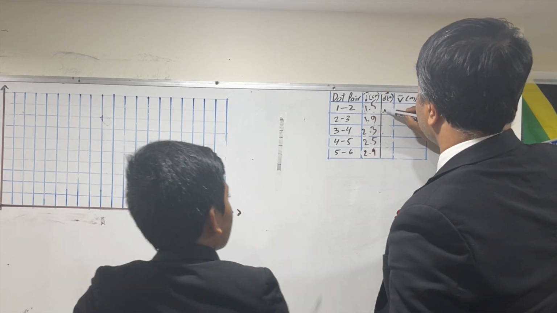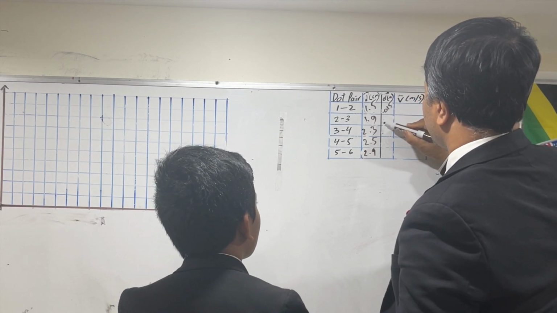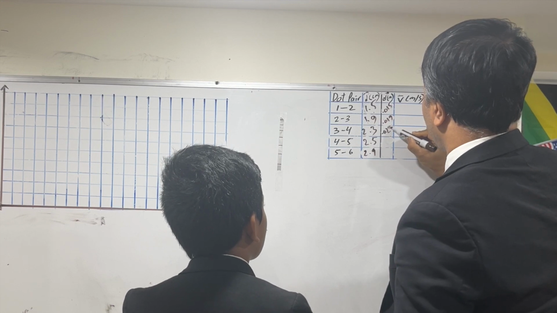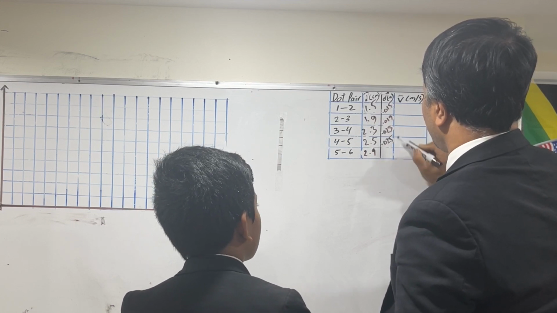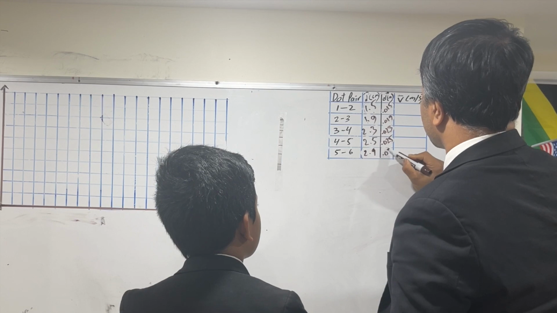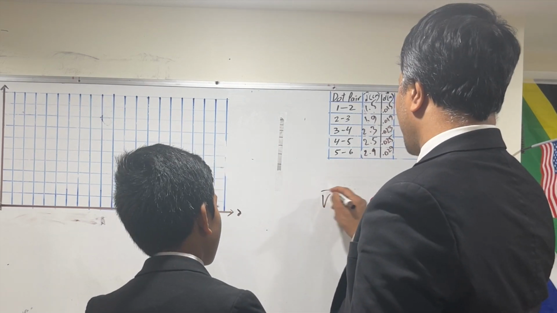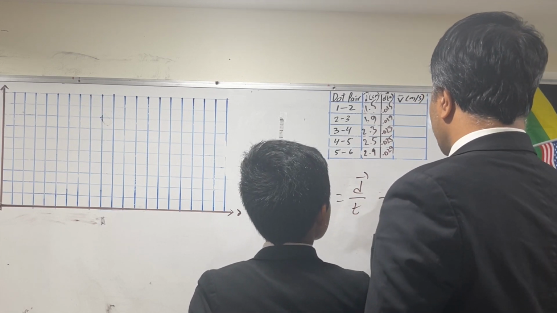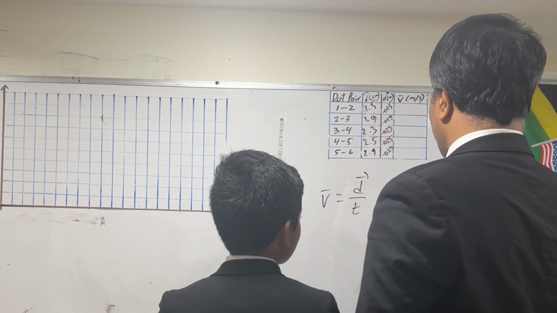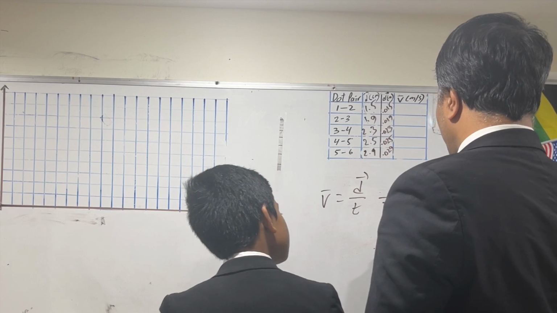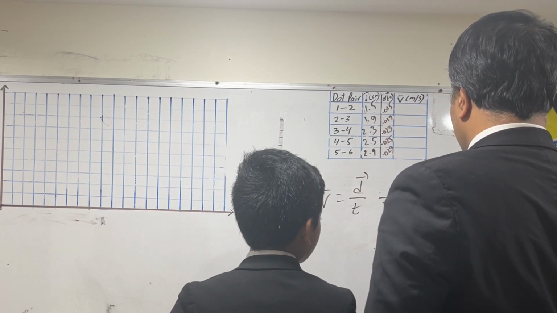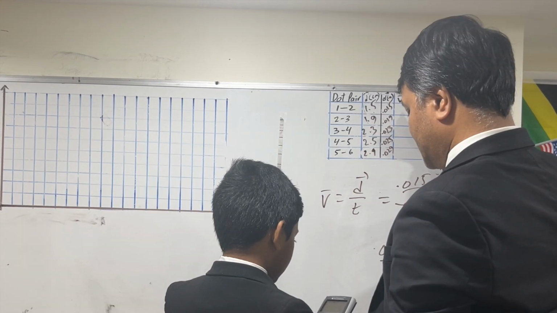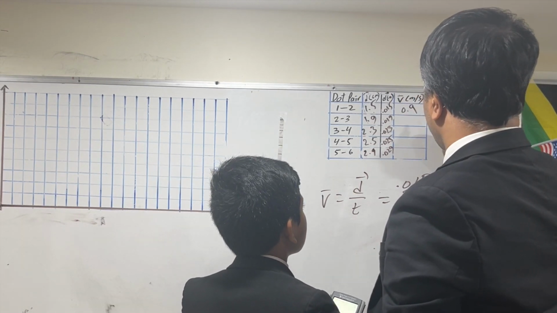So 0.015, and then 0.019, and then 0.023, 0.025, and 0.029. Alright, now average velocity is displacement over time. So the displacement is 0.015 and the time is 1 over 60. So 0.015 times 60 is 0.9.